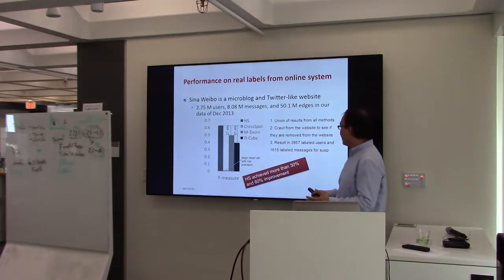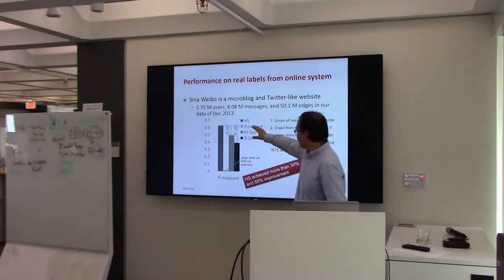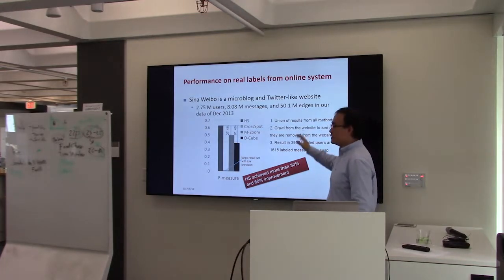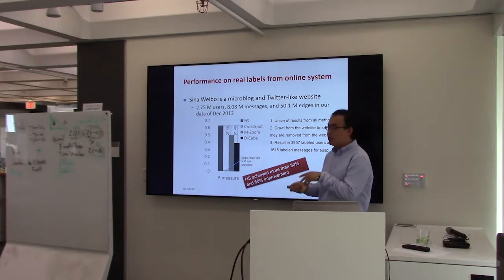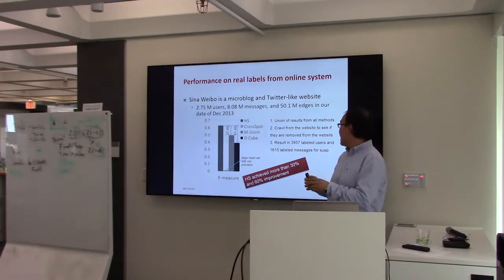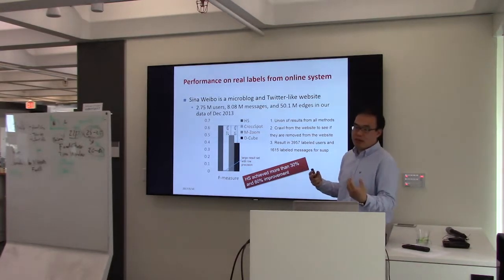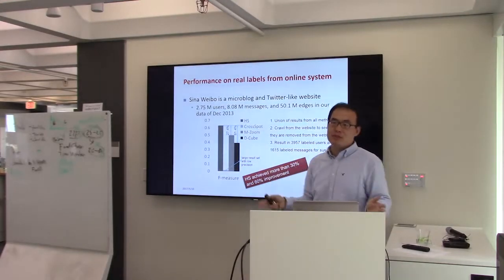How did we label those data? We take the union of all the results output from the methods, and we crawl the website and find which users were removed from the system.